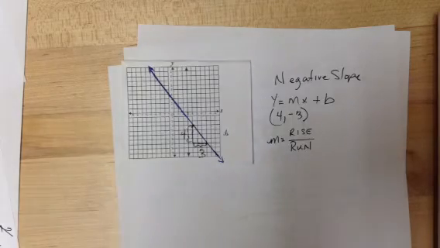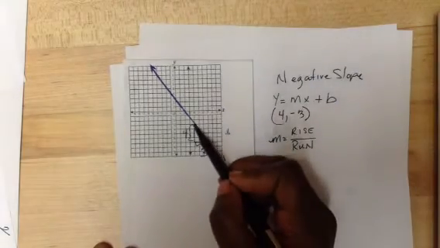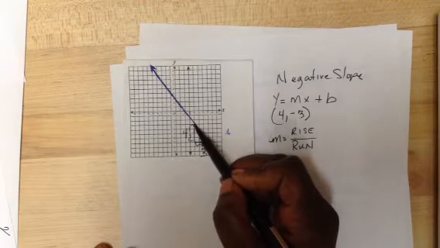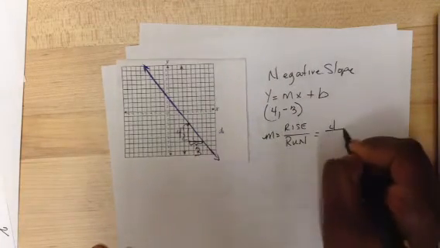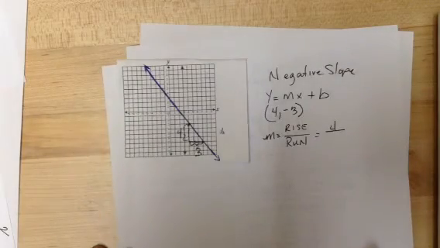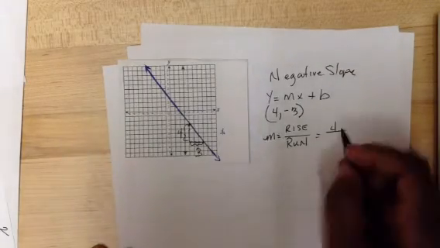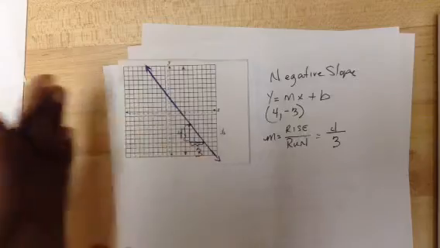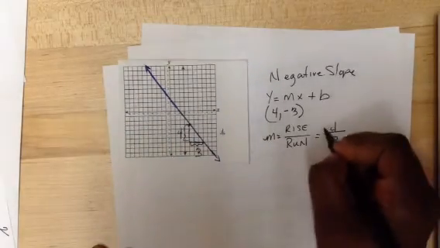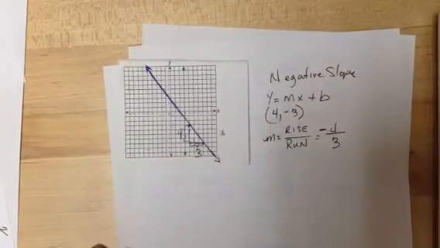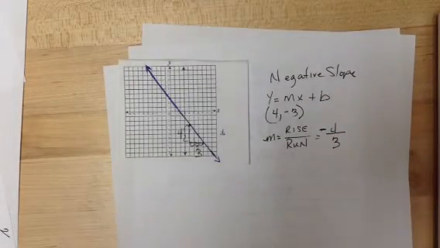From my initial point (4, -3), I went down 4 spaces. And then I went to the right how many spaces? 3. The movement on the y-axis was down, so that indicates a negative slope. So here my slope is -4/3.